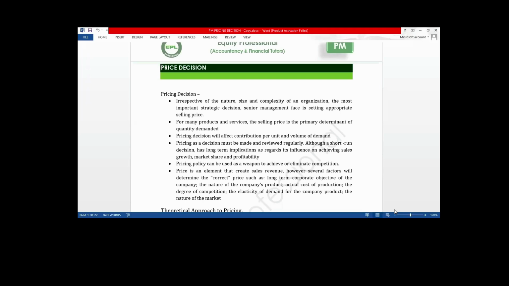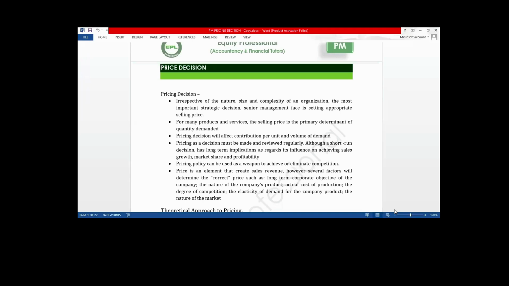All right. What are the factors that can affect pricing or that can determine a company's selling price? One of these is the corporate objective of the company. The company's corporate objective can affect pricing.